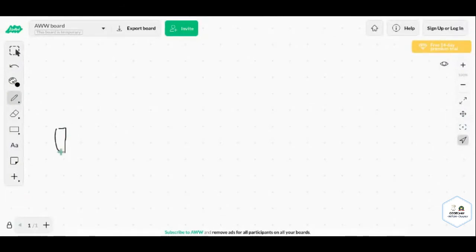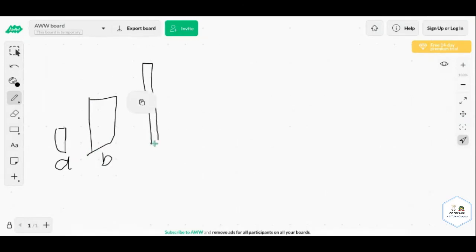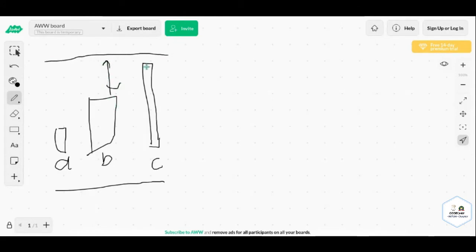Let's say these are the coins initially sister A has, this is B, and this is C. These are the initial coins that these sisters have. In this question, our first requirement will be to make them equal to the maximum of them.